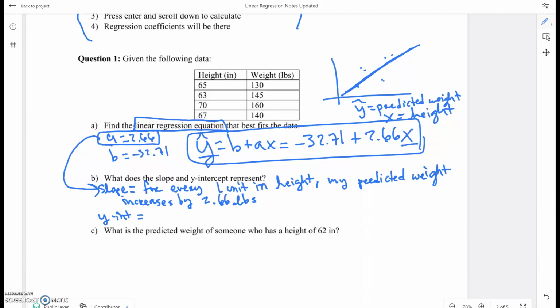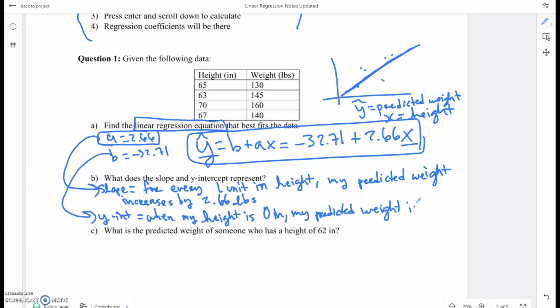Now if we talk about my Y-intercept, it's a little bit different, because the Y-intercept is when x is 0. So when my height is 0 inches, what would my predicted weight be in this case? My predicted weight will be whatever B is, negative 32.71 pounds.